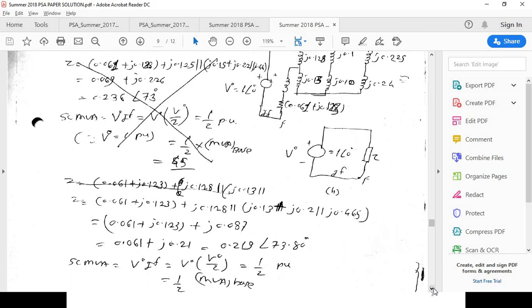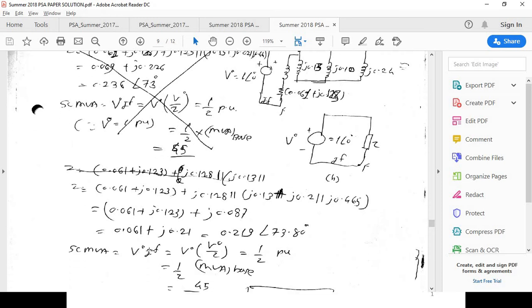Short circuit MVA is pre-fault voltage V0 times fault current IF, and the fault current IF is pre-fault voltage upon fault impedance, which we calculated here. In symmetrical fault analysis, one assumption is that we consider the generator EMF equal to 1 per unit.